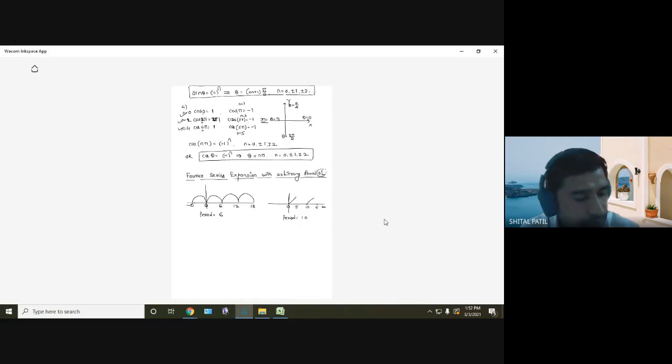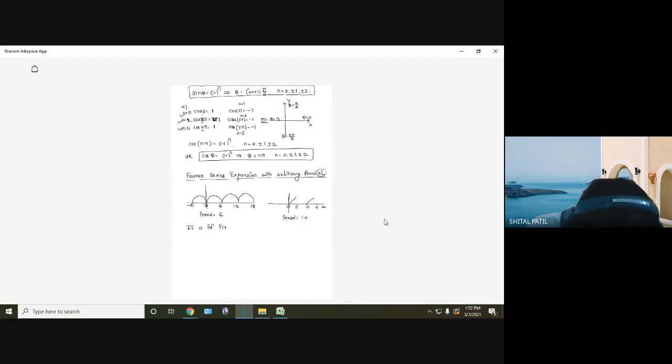So right now write the definition. Fourier series expansion with arbitrary period 2l. If a function f of x is a periodic function of arbitrary period, mention this, 2l, defined in x between c to c plus 2l.